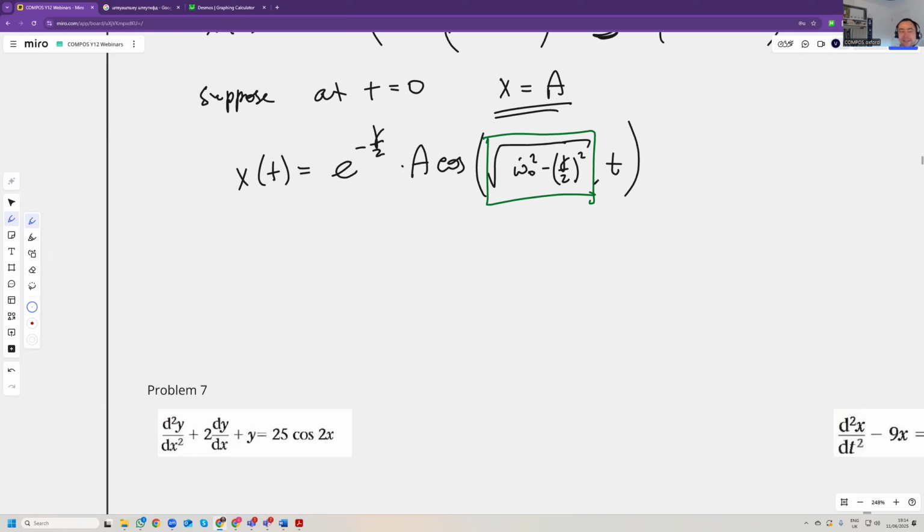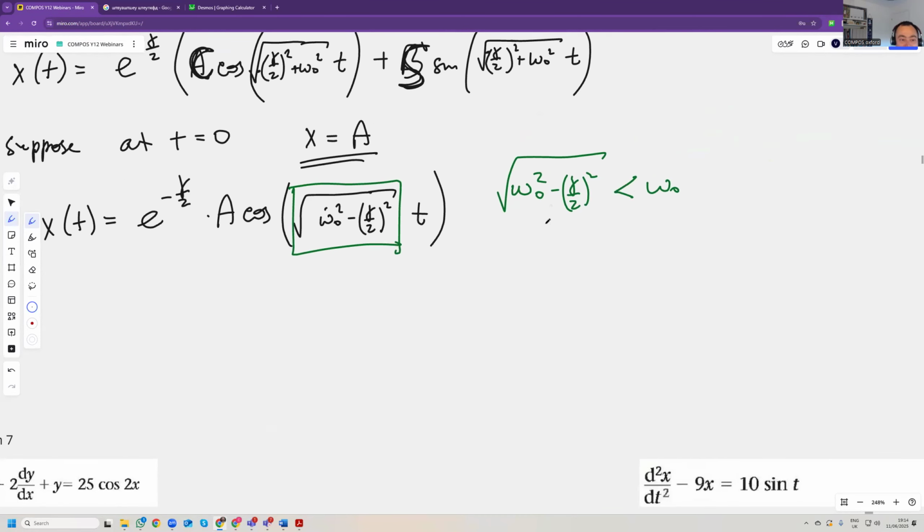And the square root of omega 0 squared minus gamma over 2 squared is less than omega 0. So this is the new frequency. So do you understand that if you have damping, you would go slightly slower, right? Make sense? And let's just call it omega.